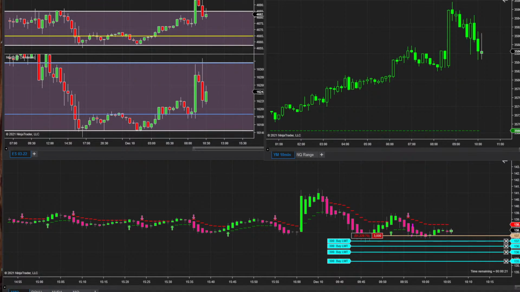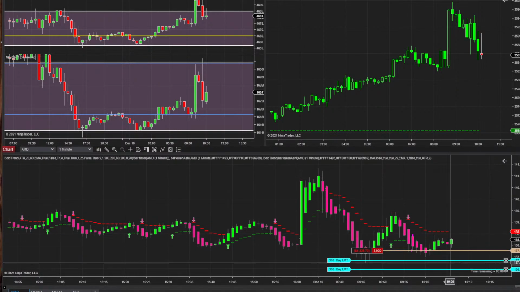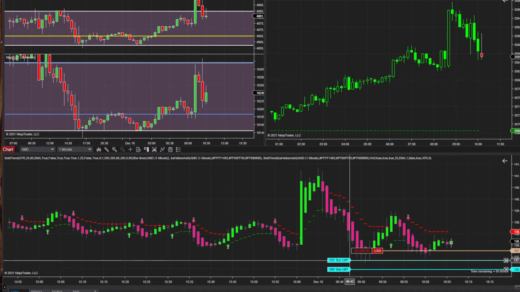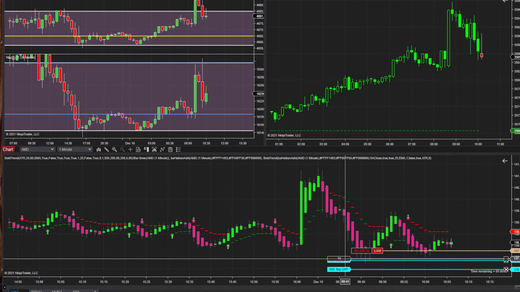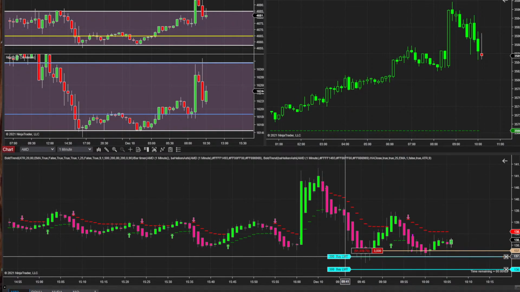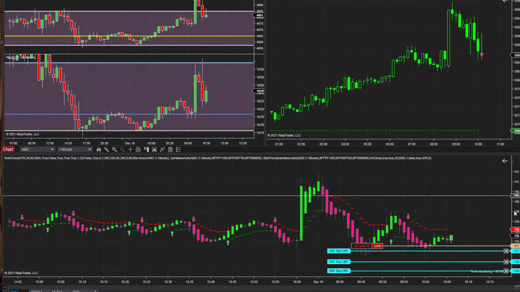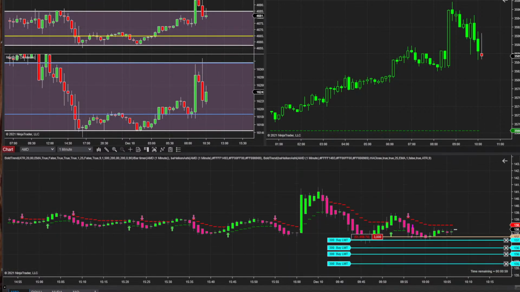Get back under 138. 10. I guess I should have had some of my sells at 50. Ugh, it's back in like the 20s. All right, I might have to cut this. It's back in the 30s. I don't like the way this looks.